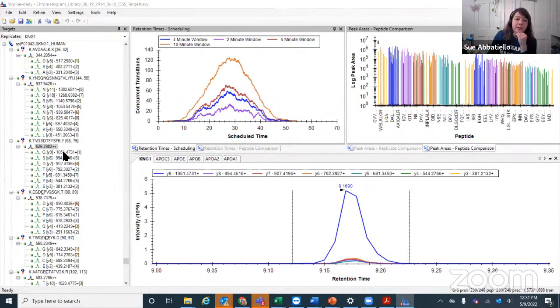So in a case like what I'm showing in the Skyline setting, the 626, it looks at all of these product ions individually, and that's how a triple quad runs. Whereas with parallel reaction monitoring on an instrument like a TOF or an Orbitrap, it's generating the product ions all at the same time. And so in one scan, you get all of them. And so that's called parallel reaction monitoring.